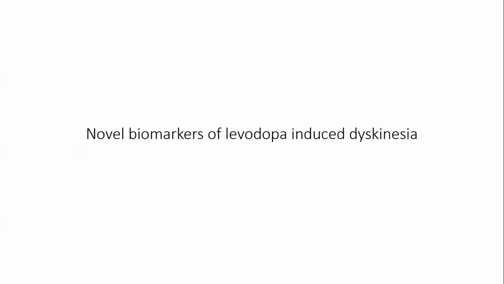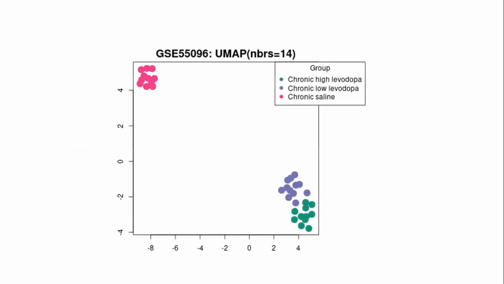If one is thinking about drug discovery to attenuate dyskinesia, we checked the upregulated genes, and for this case we used the direct pathway, because the direct pathway seemed to have a more clear separation of the dose. I mean the high dose, low dose, and the control, which was saline.